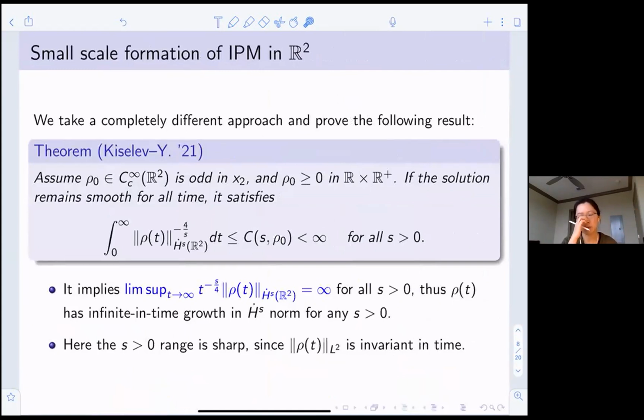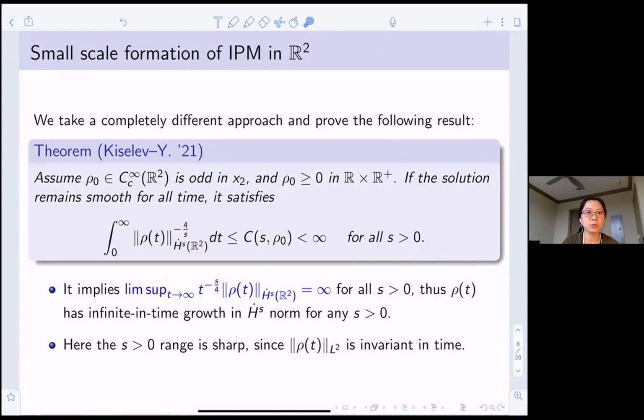Together with Sasha, we take a completely different approach instead, and we prove the following result. Let me first state the result in the whole space R2; we also have similar results in the torus and for the strip.